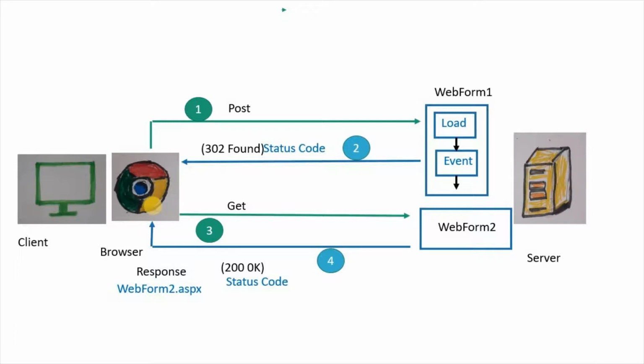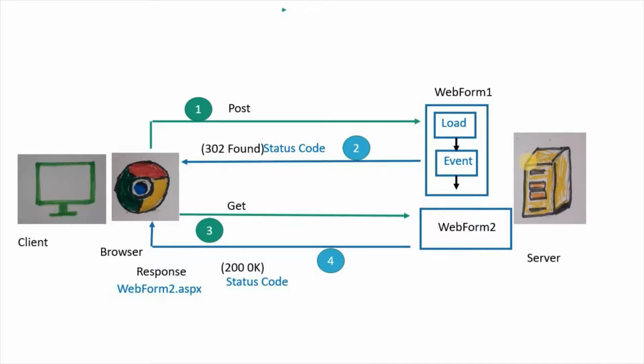At that time we get webform1.aspx, or we can see the webform1.aspx page in the browser. When the user clicks on the button which is present on webform1.aspx, at that time the browser sends a post request to webform1 that we have to navigate to webform2.aspx.